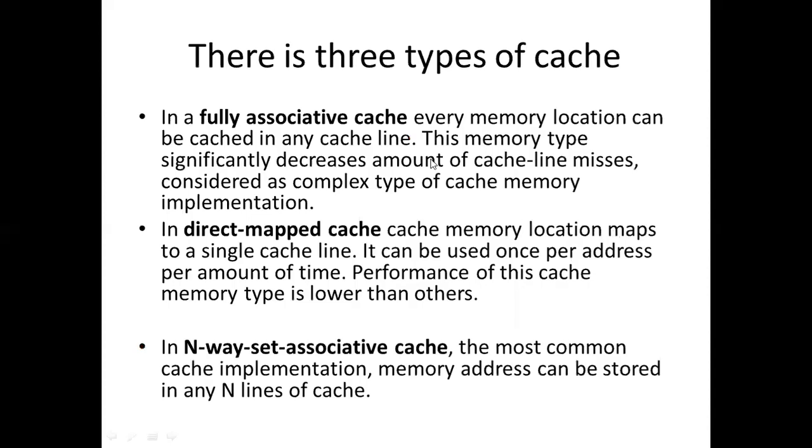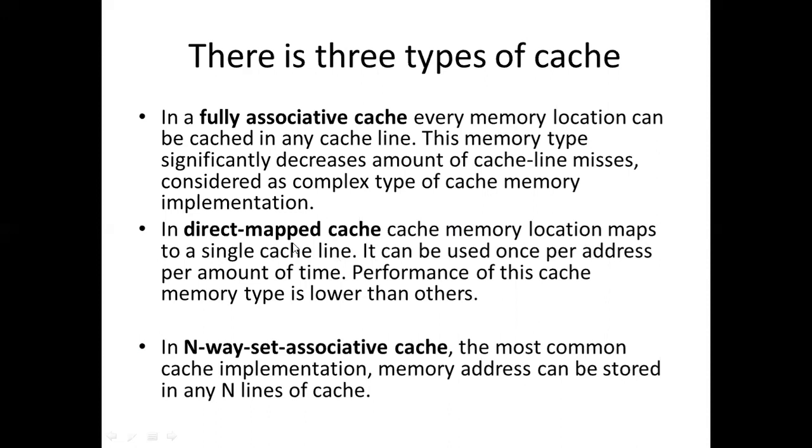Like it's saying, with a fully associative cache, every memory location can be cached in any cache line, as I explained in the previous image. In the direct cache, a memory location maps to a single cache line.